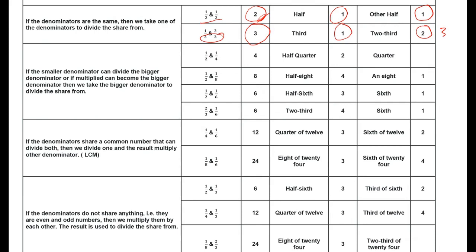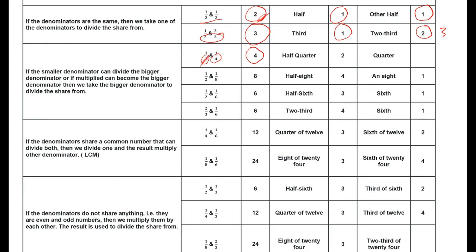If the smaller denominator can divide the bigger denominator, then we use the bigger denominator in this case. So half and quarter, 2 can divide 4, so we don't use the 2.